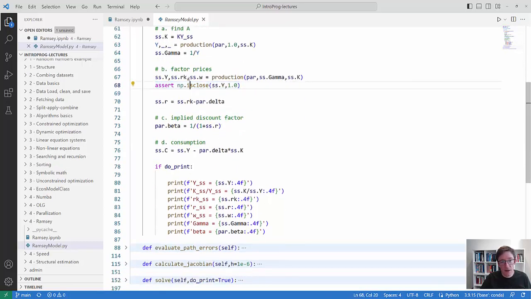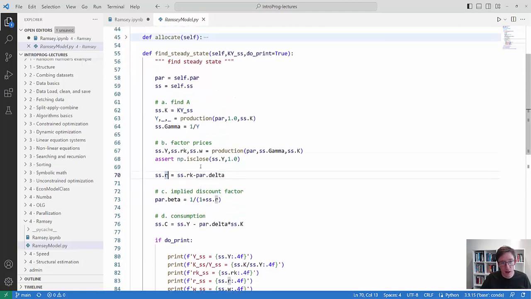Then I can calculate, based on this, what the rental rate and the wage rate must be, because that comes from the first order conditions of the firm. Then I can calculate what the interest rate will be, and for a steady state to exist, the Euler equation requires that the discount factor is equal to 1 over 1 plus the interest rate. And then I can also see that consumption in steady state must simply be production minus the amount of investment that's required to keep capital constant. And then I print out those values here. Okay.